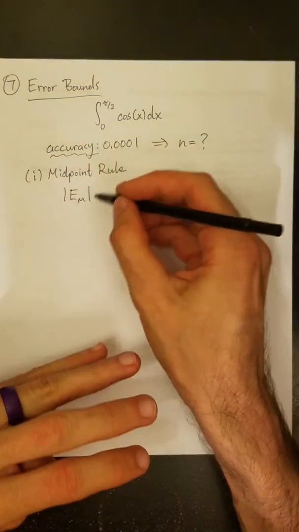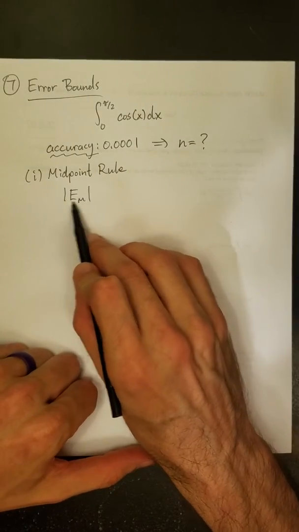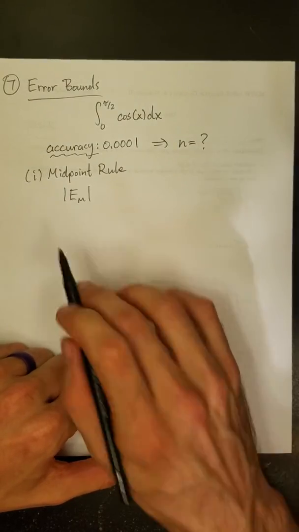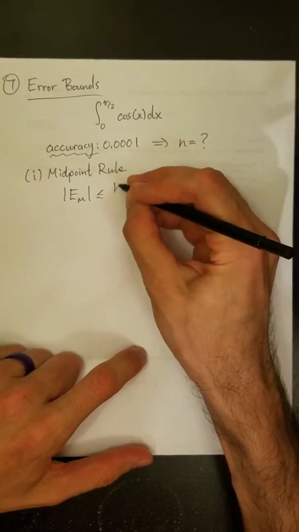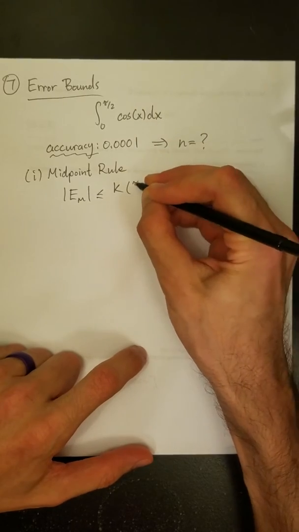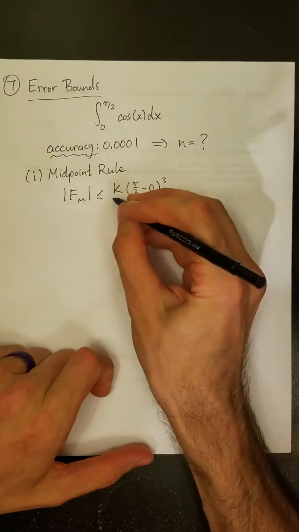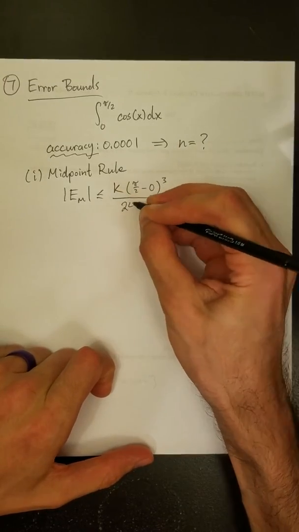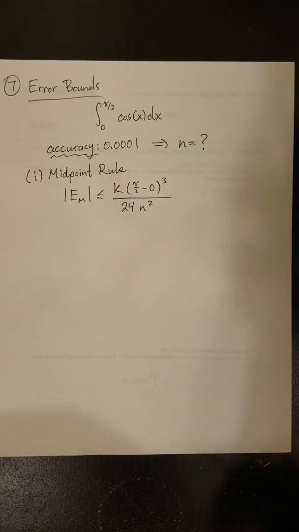Either way, our midpoint rule error bound is this: the absolute value of the error in our midpoint approximation is always less than or equal to K, we'll talk about that in a second, times the length of our interval, pi over 2 minus 0, to the third power, divided by 24 times the number of subintervals that we're using, squared.